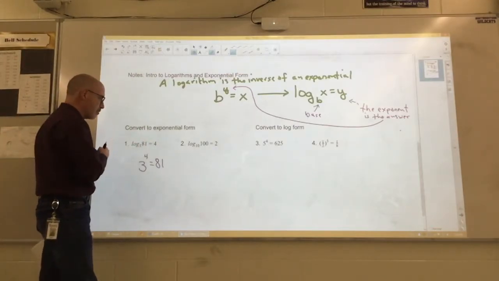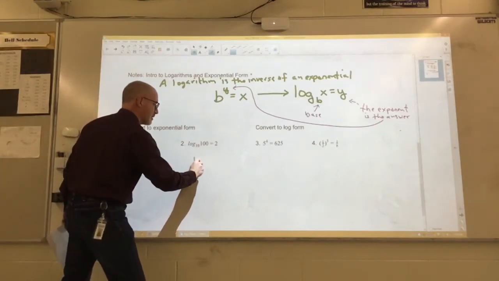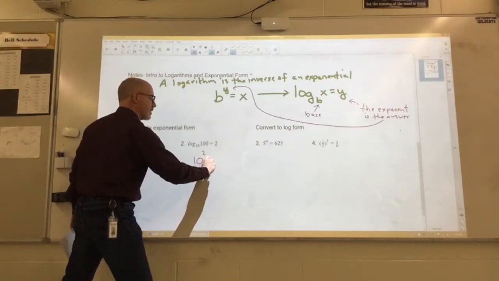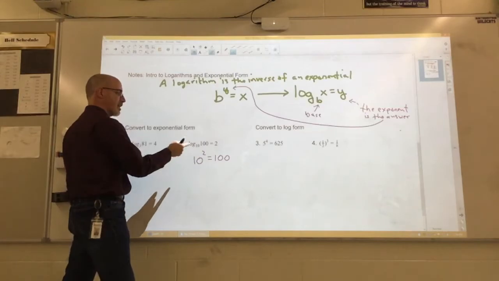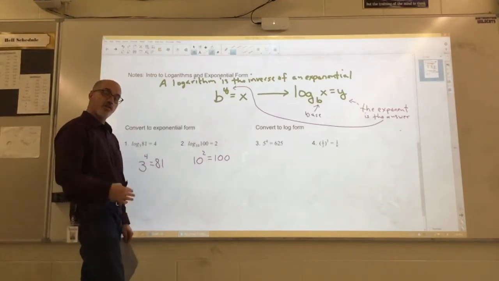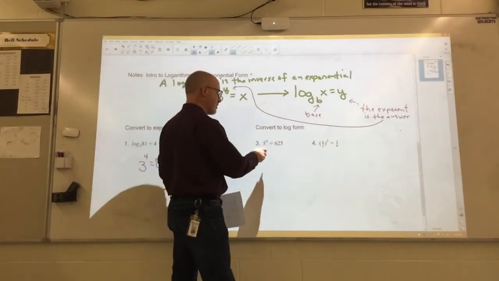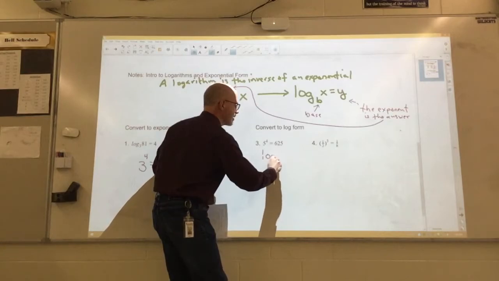So as we do that, let's convert this one. 10 is the base. The exponent is 2, equals 100. That's converting that log back into the exponential form that we're more familiar with. And this one, as we convert these, we're going to say, okay, what's the base?